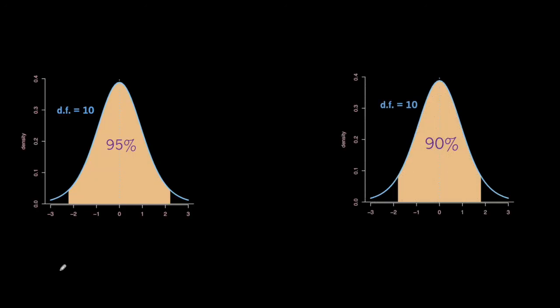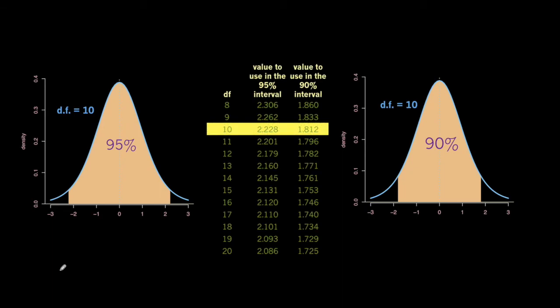So here we have, again, the distribution with 10 degrees of freedom. That's the way I'm drawing it. So we have 95% and 90%. And you can see that in order to cover 90%, we don't need to go so far out into the -2 and the +2. You can stop earlier.